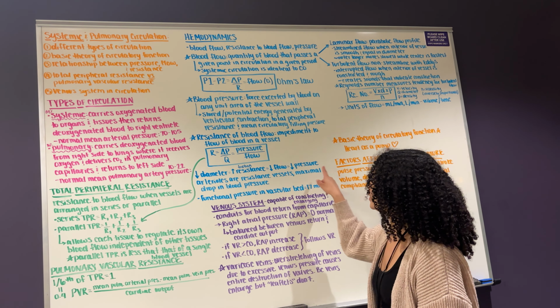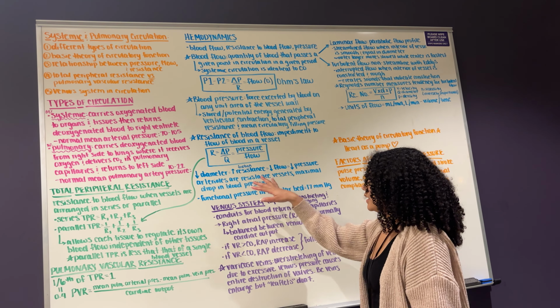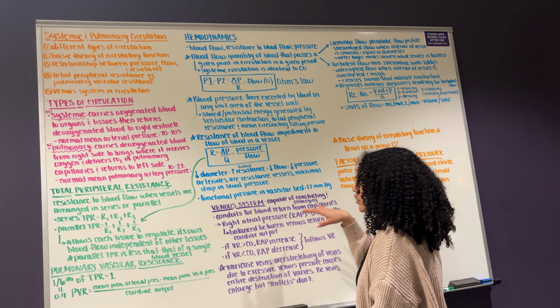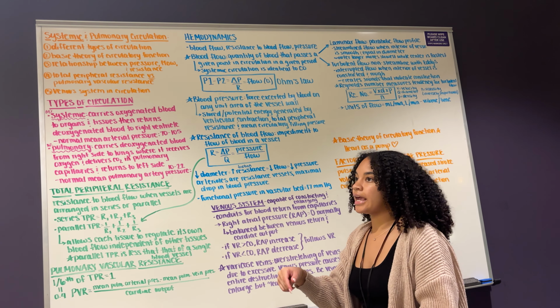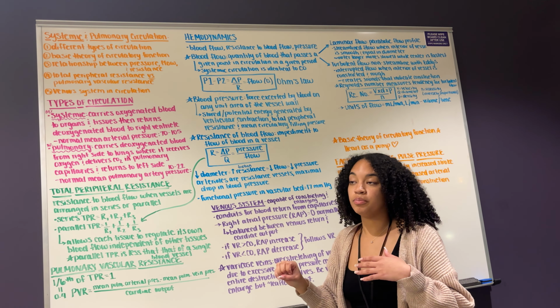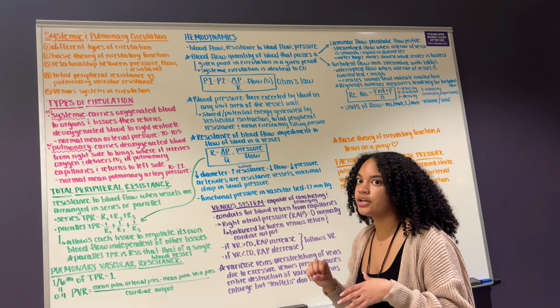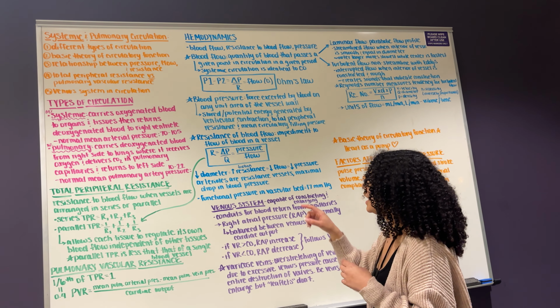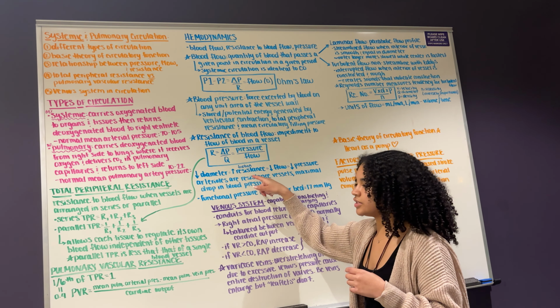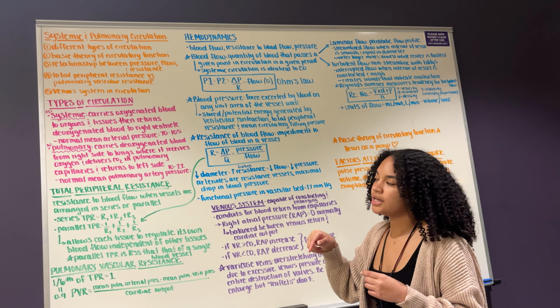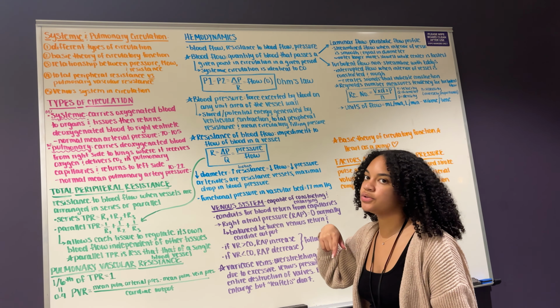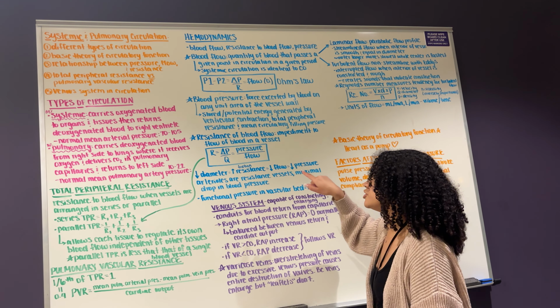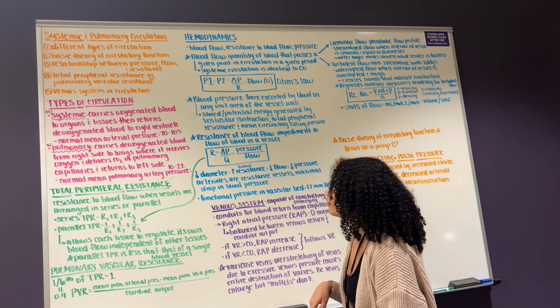And then here I put basically how they all correlate with each other. If you're decreasing the diameter, you have a smaller vessel to push blood through. So you're increasing the resistance and you're decreasing flow because it's smaller. And then since you're increasing the resistance and you have this friction and you have this potential energy that you need to use up, you're using all that energy, which is going to decrease your pressure.